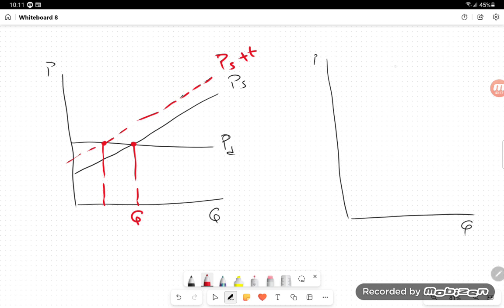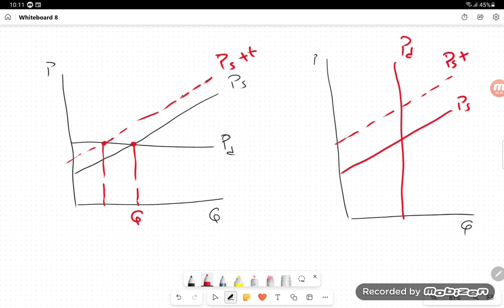Case number 2. Let's assume that this is the inverse demand function, and this is supply. If the government is going to impose tax, the supply curve will shift upward.